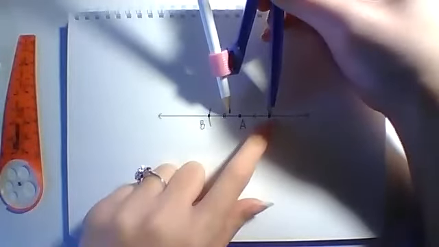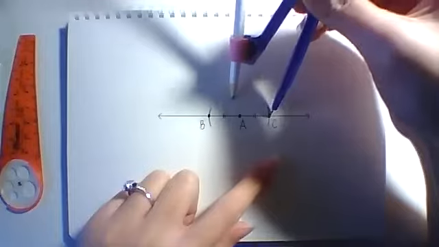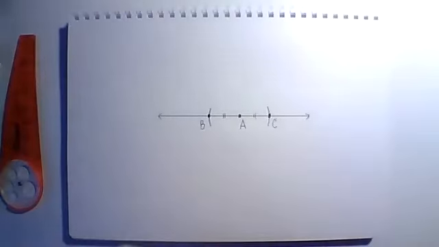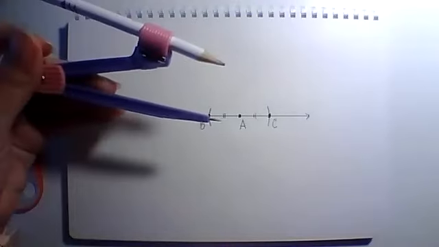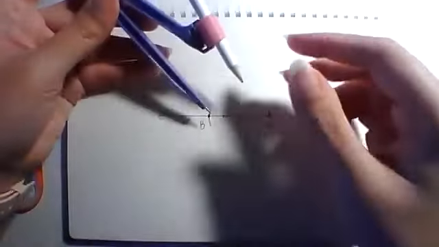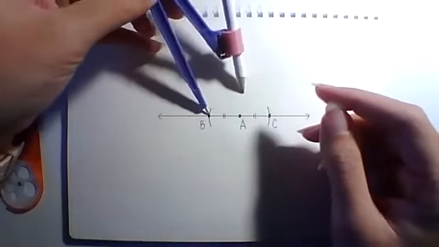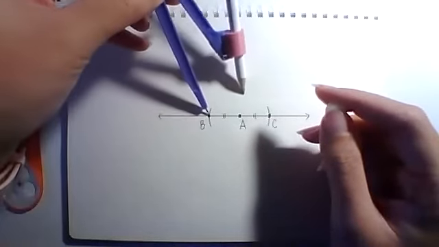We're going to start here on one endpoint and draw some arcs above A. Using the same distance, don't lose that distance. Center it now on B and draw your other mark above A. Okay.